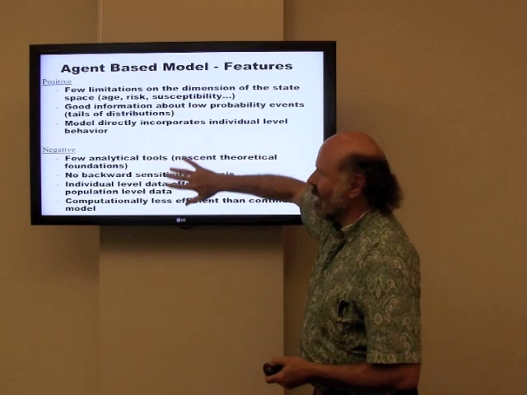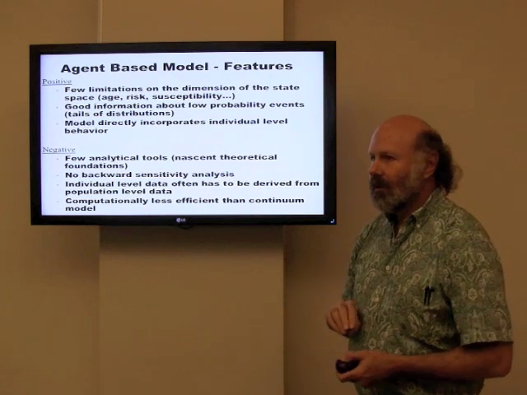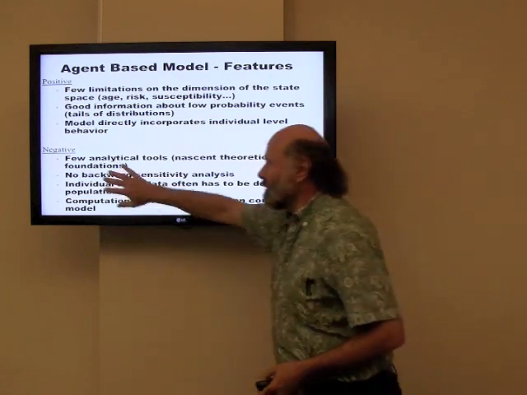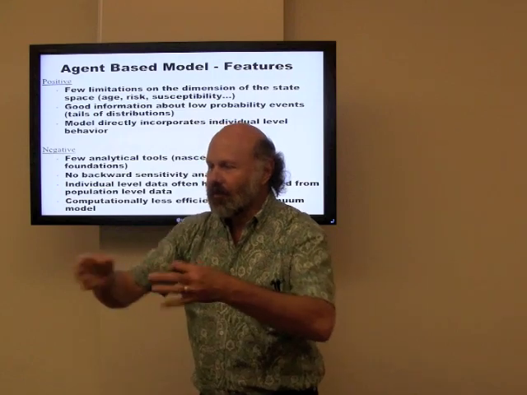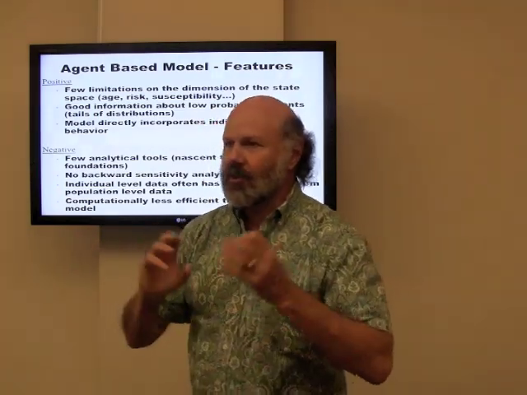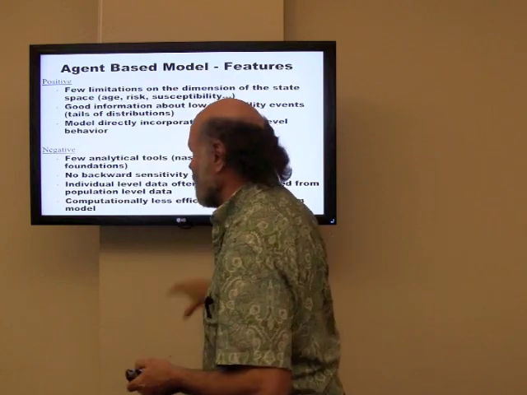And the pluses and minuses are exactly flipped. For these agent-based models, we have almost no mathematical tools. Very little sensitivity analysis. We have to solve the model to get the distributions for what may or may not happen.